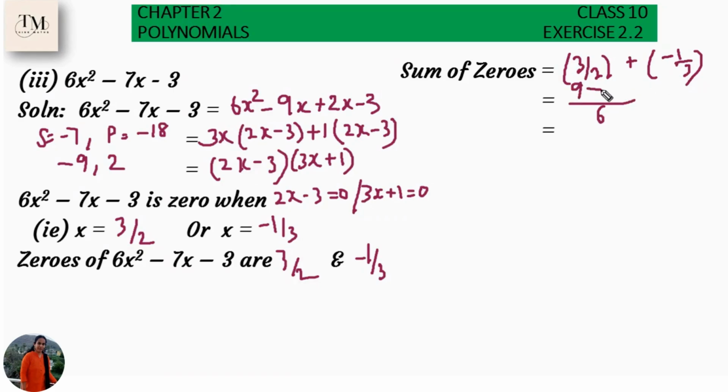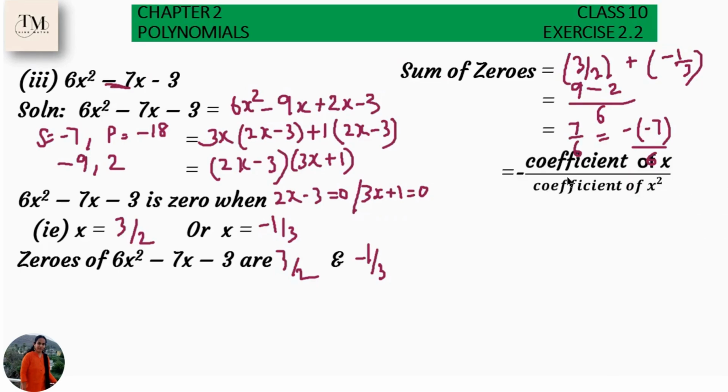A negative sign is there, minus 2. So which is equal to 7 by 6. So I write it as minus of minus 7 divided by 6. Okay. So here it is positive. In order to get this coefficient, I write in this way. So which is equal to minus of the coefficient of x divided by the coefficient of x square.